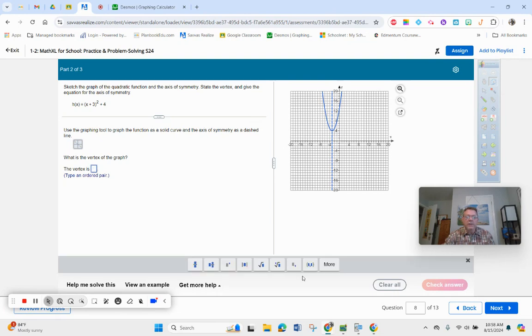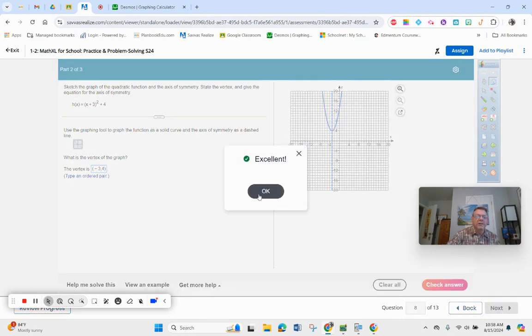So I click inside here and grab that, -3. I can hit the arrow here, but you notice it's not inside the box, so I do it one more time, and now it's inside the box. It's kind of weird. Or you can just click inside the box. Enter. Yep, it says excellent.